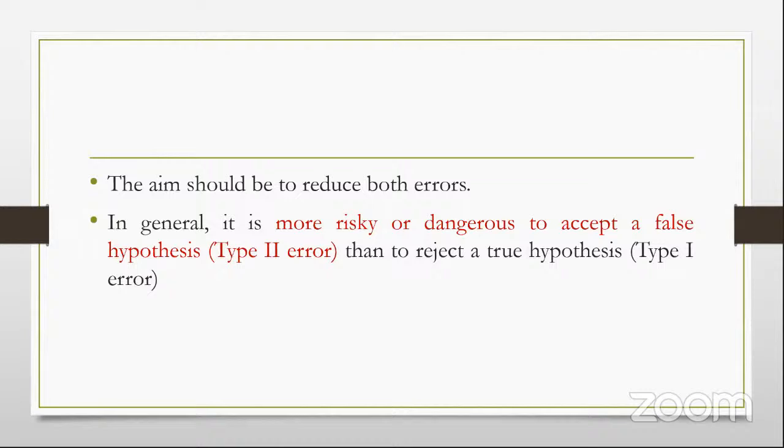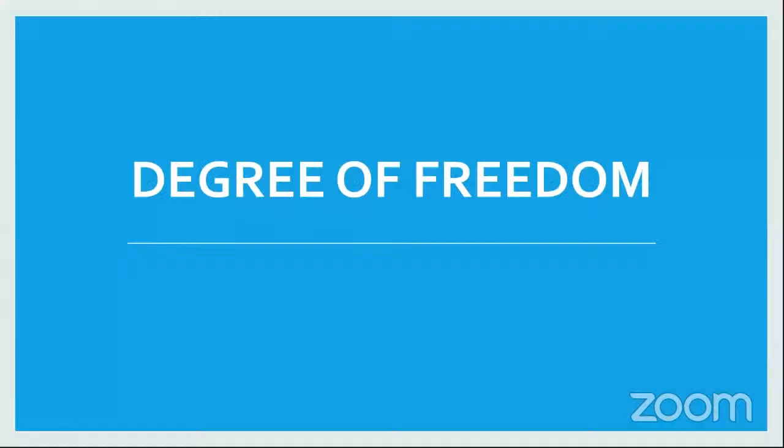So it consumes time, energy and money also. So type 1 error delays the actual research result, and type 2 error is more dangerous and more risky. So we need to design experiments in such a way that both types of error are reduced. So this is all about the two types of error.